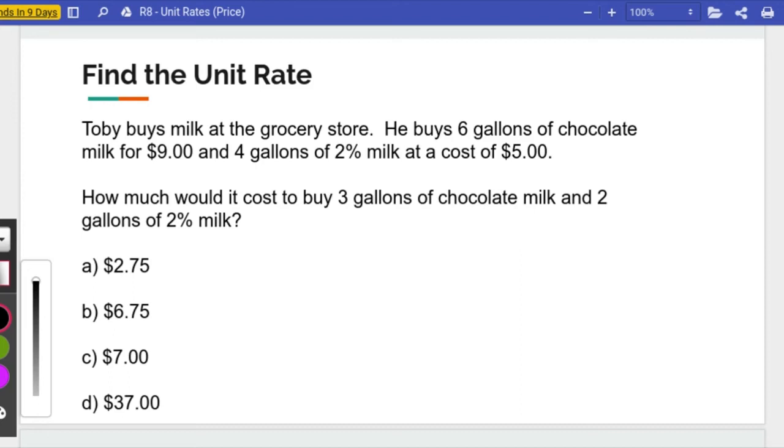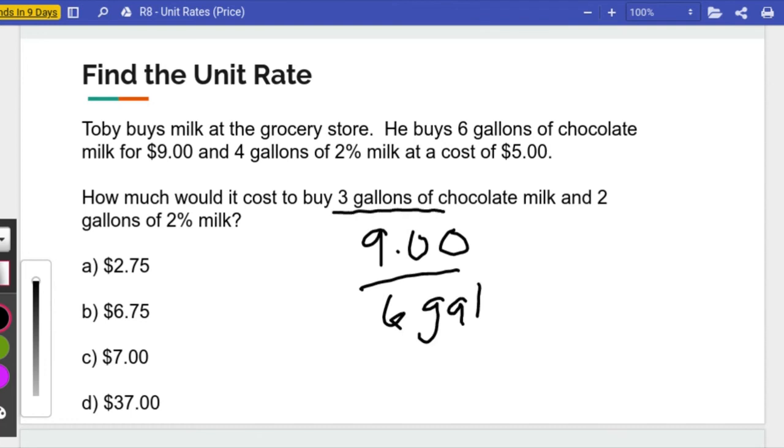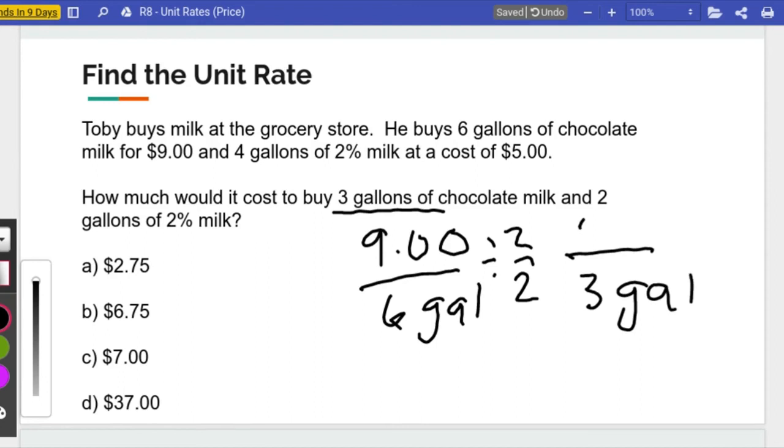Or actually, in this case, if we have 6 gallons of chocolate milk for $9, and my question asks me, what's the cost to buy 3 gallons? So I'm actually just going to divide this by 2 over 2 and get 3 gallons of chocolate milk is $4.50.